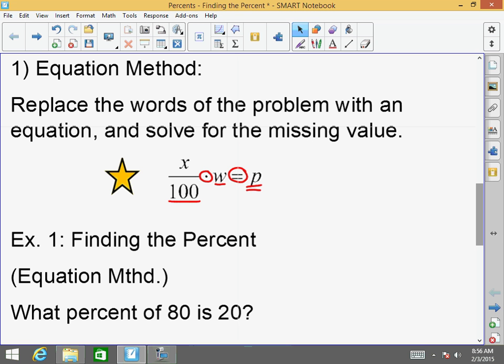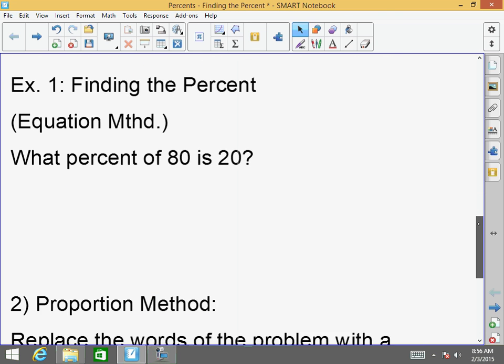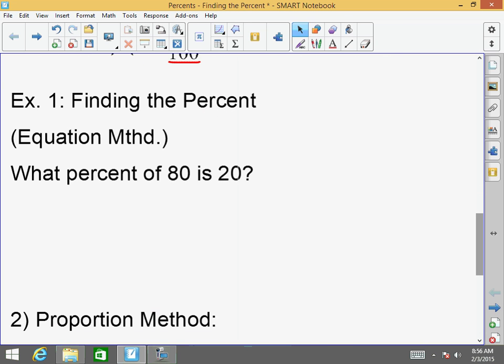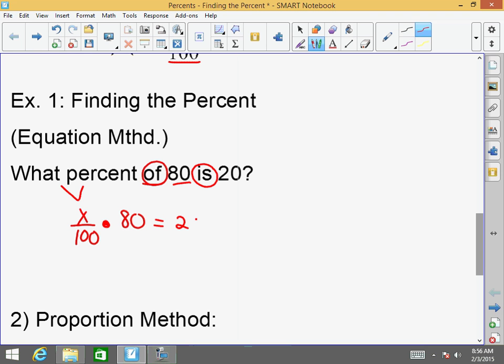Our first example says, what percent of 80 is 20? If we go the equation method: what percent, x over 100, of means times 80, is equals 20.